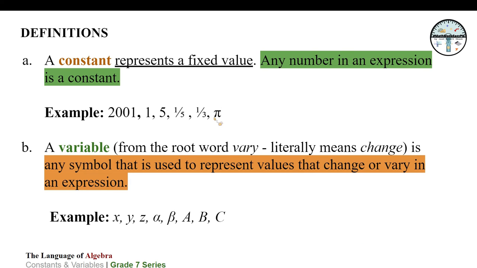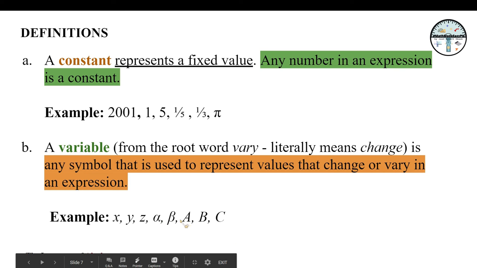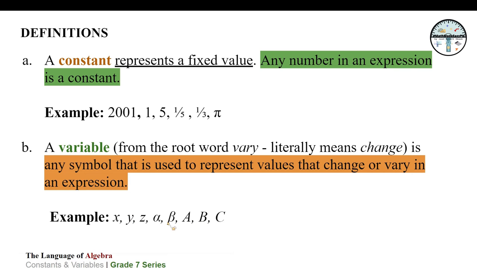For example, X, Y, Z, alpha, beta, A, B, C. They have similar features, but those are actually Greek letters. So basically, a variable is any symbol, whatever you want. You can even substitute it with the first letter of the first name of your mom, your dad, or your loved one. You can do that.